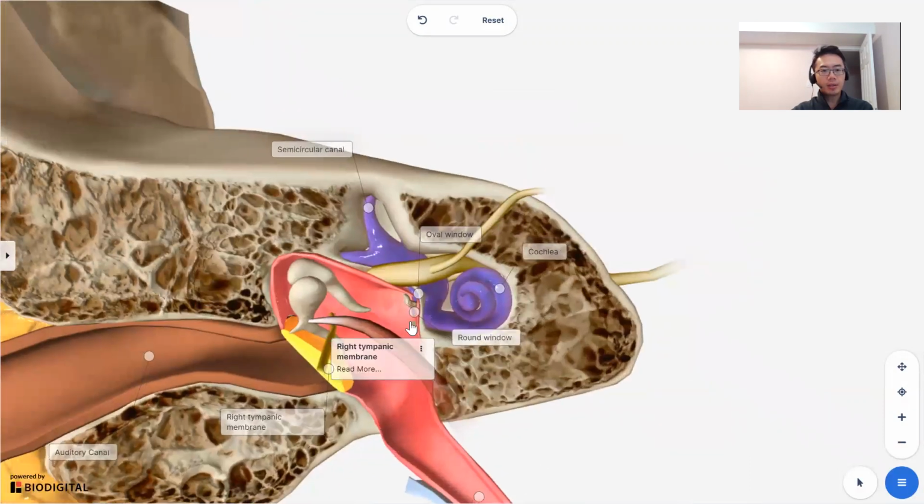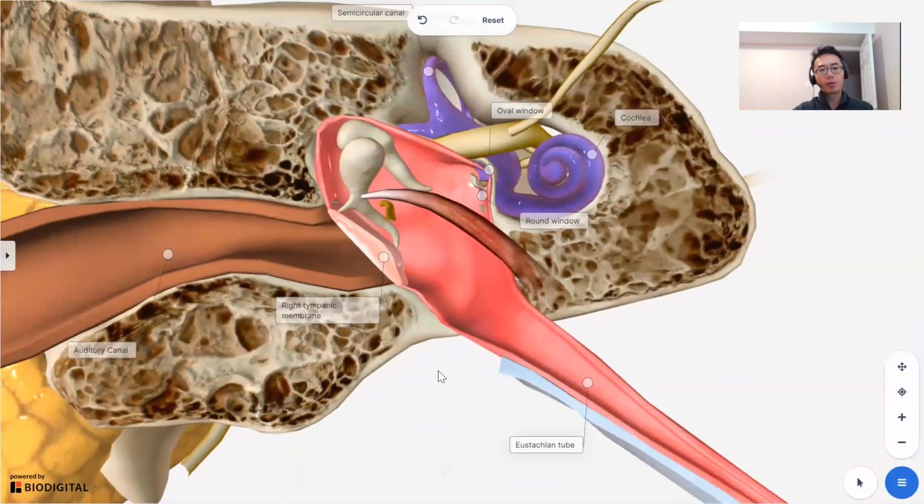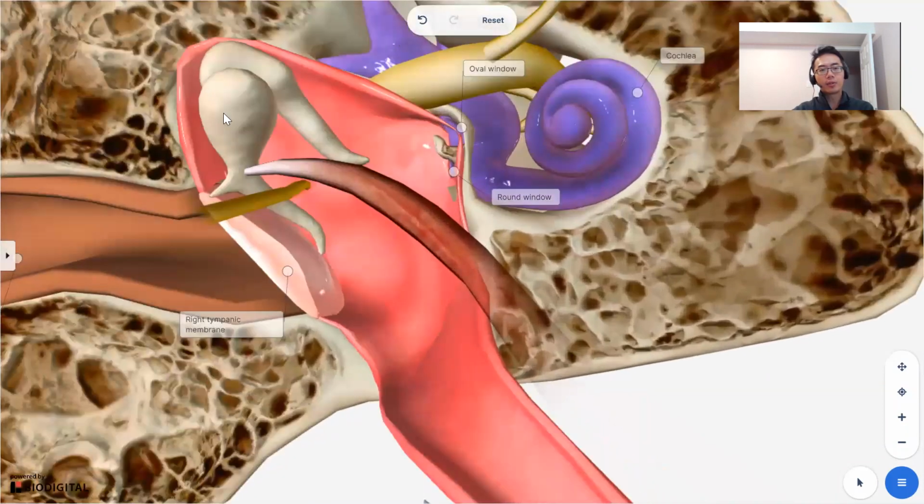So on the medial side of your eardrum, it is connected to these bony structures. Those are called your ossicles, okay, tiny bones. There are 3 tiny bones in your middle ear. They are called the malleus or the hammer because it looks like a hammer, and the incus or the anvil.